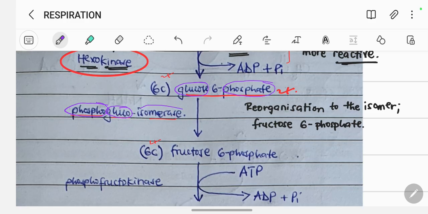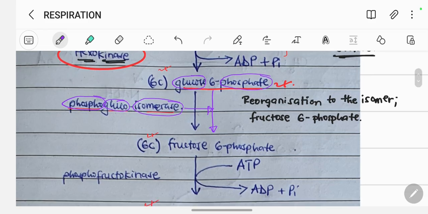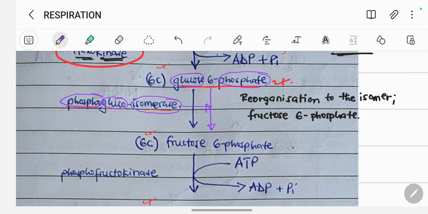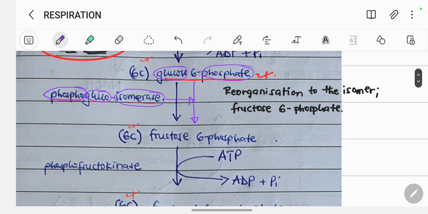Then isomerase, that isomerase part, it means that this enzyme is going to be catalyzing the change of this isomer to that isomer. So this is what the isomerase means there. Phosphoglucoisomerase. Gluco because it's dealing with glucose. And it's turning to its isomer. Which isomer? Fructose 6-phosphate, a 6 carbon compound.